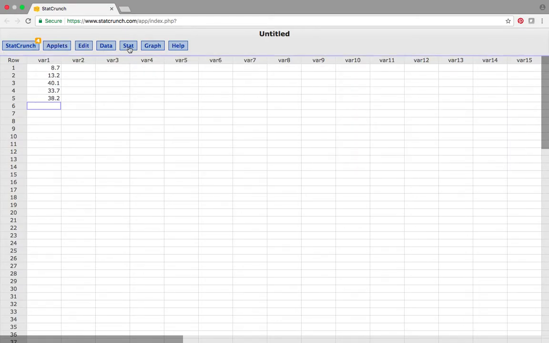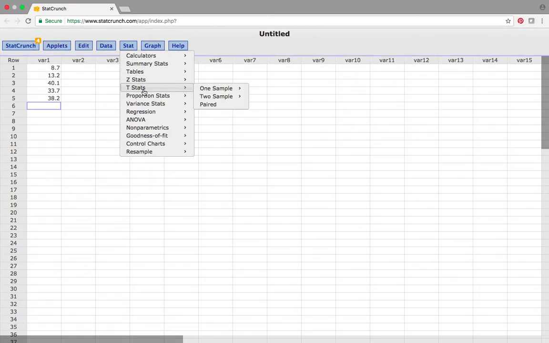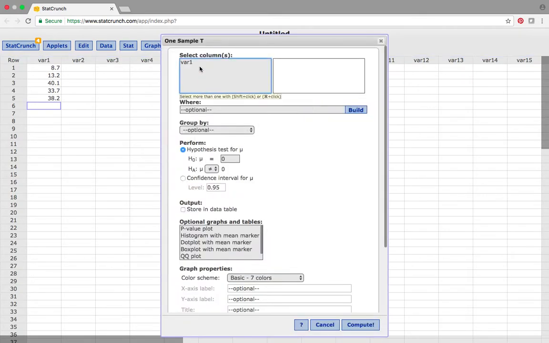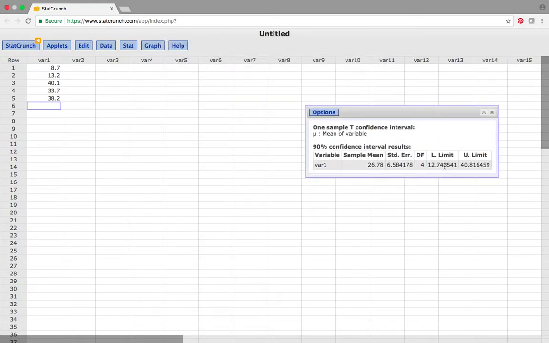Let's go ahead and just calculate it out. So if we do a t-stat, one sample with data, and we do a confidence level of 0.90 instead, then we're going to get a situation where 10 is not included, which it shouldn't be if you rejected the claim of 10.